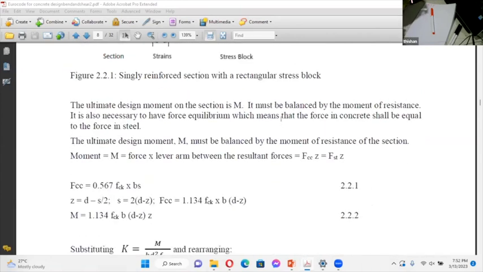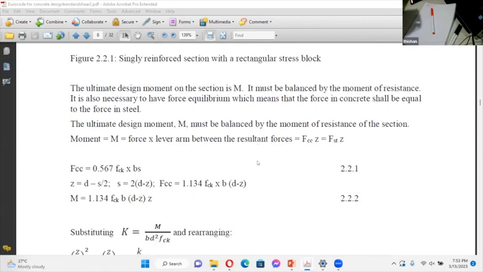Now we have a situation where we would like to know the moment carrying capacity, but what we like to know is the Z value.